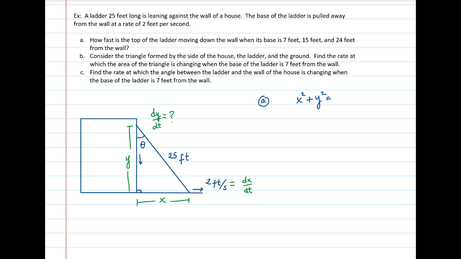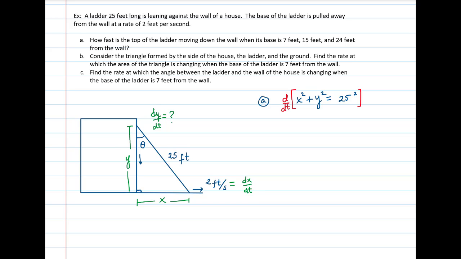Now we need to come up with an equation that puts all of these variables together, and there's nothing better than our Pythagorean theorem to put x and y together in one equation. We know that x squared plus y squared is equal to 25 squared, and we are now ready to differentiate implicitly with respect to time.